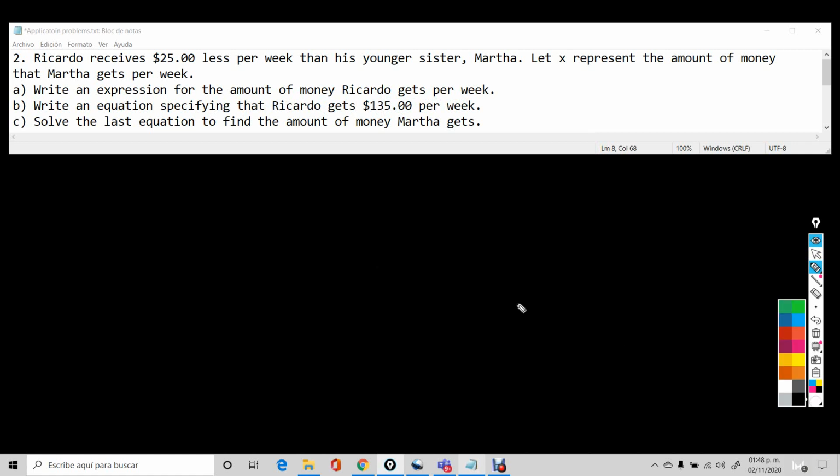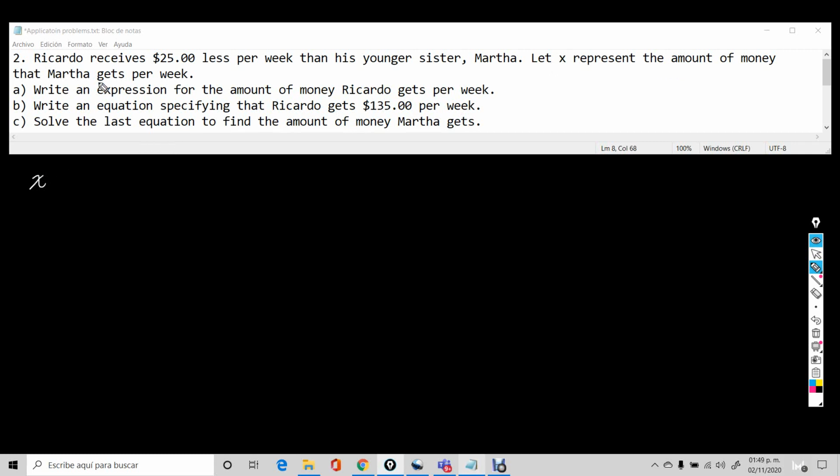Okay, here we go. So remember, let's write this. We have a variable in this problem. They already told me that I have to use this variable x, and they actually are telling me what this variable x represents.